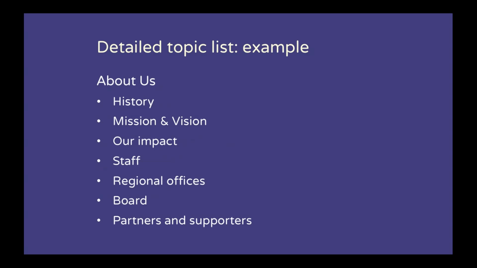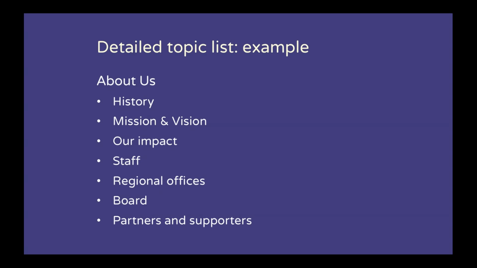So if one organization realized that their About Us content bucket needed the main About Us content, that they in particular needed to talk about their history and have a place to share their mission and vision. They wanted to talk about their impact on their website. It was really important for them. One of the key actions that they wanted people to take was actually just find contact information to take the conversation offline, but they needed people to be able to easily find that.